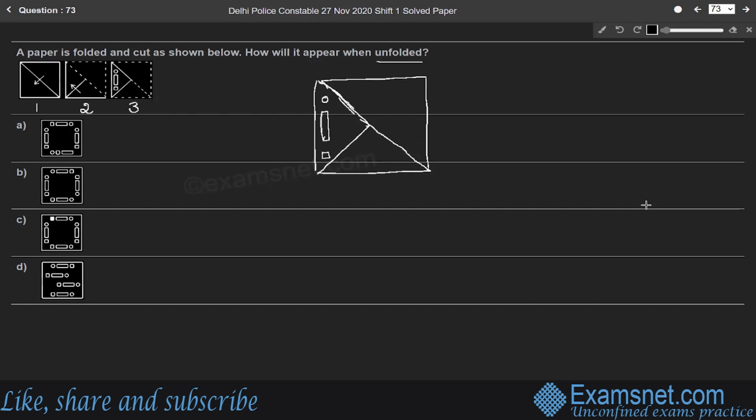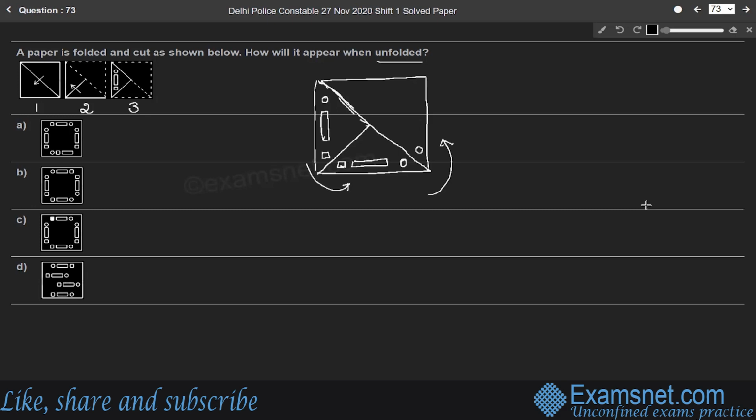When it is unfolded, this part becomes the mirror image of the cut portion. That is, instead of a vertical rectangle, this will be a horizontal rectangle and a circle. When once again it is unfolded, the other side of the diagonal becomes the mirror image of the previous portion.